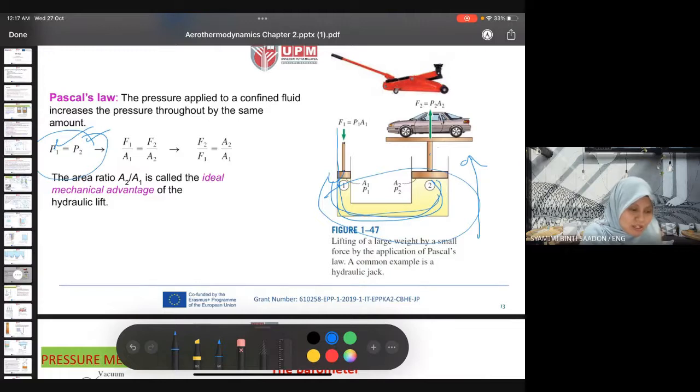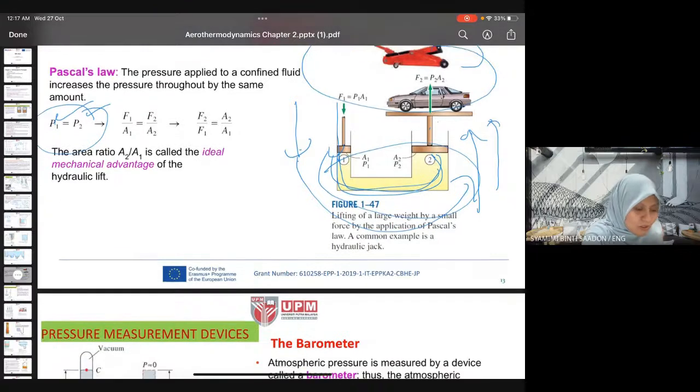So the amount that we apply here will be pushed to this side and uplift whatever we want to lift. This concept is applied, for example, in this device, the hydraulic jack.